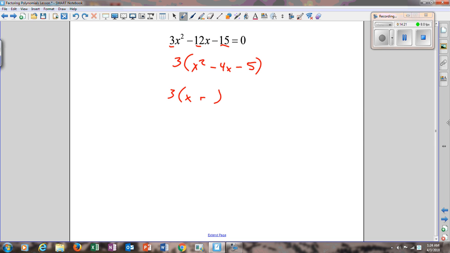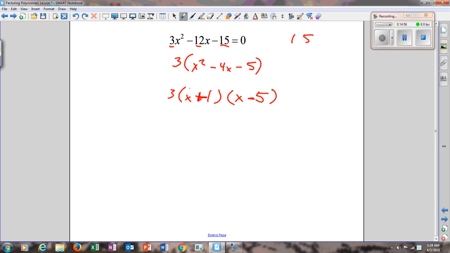It should just be an x. And what multiplies to give you negative 5 and adds up to negative 4? Well, we know only 1 and 5 go into 5. So those have to be our factors if it's going to work. If this is a minus, then make sure your bigger factor goes with the minus.